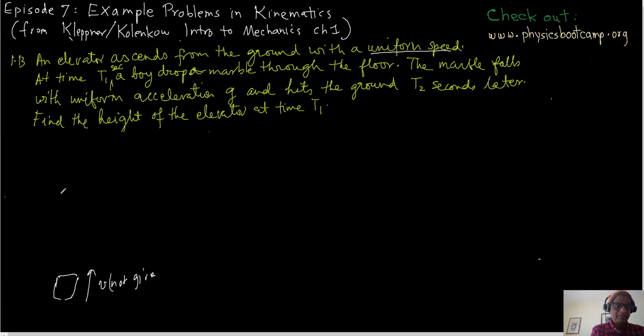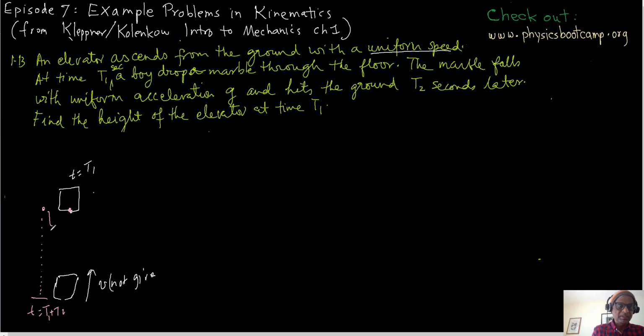So at time t, when t equals t1, a ball is dropped from here. So the ball now falls, is going to hit the ground, and t now will be t1 plus t2.